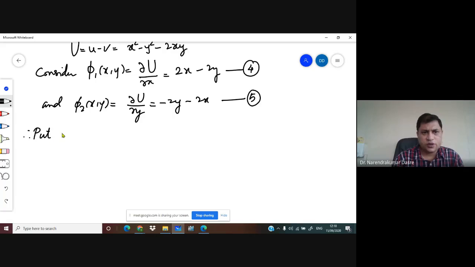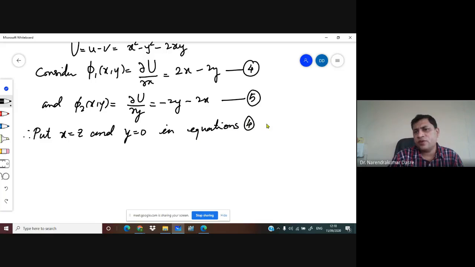What is the third step? Put x is equal to z and y is equal to 0 in equations 4 and 5.